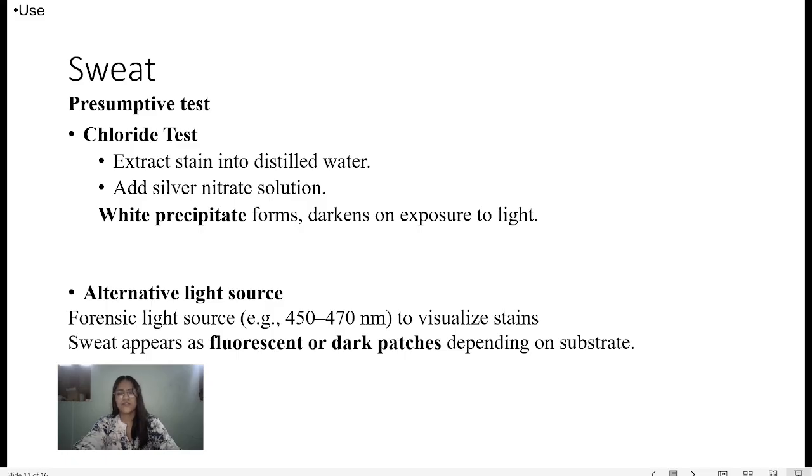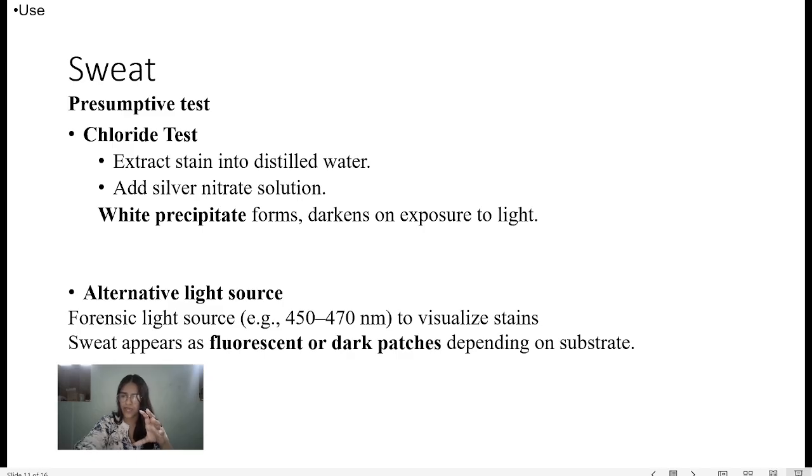The procedure of this test is we extract the stain into distilled water. The stain I've collected using Whatman filter paper, and then we can take the stains from the surface or the body itself, and submerge it in a test tube which contains distilled water, and keep it for almost 2 to 3 minutes so that the sweat can be absorbed by the distilled water.